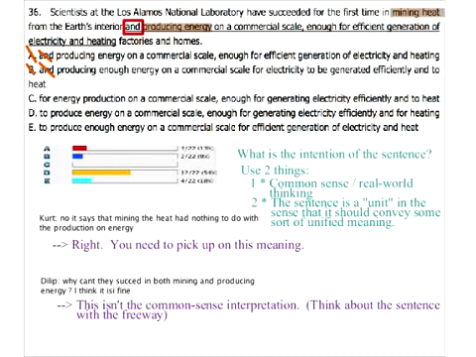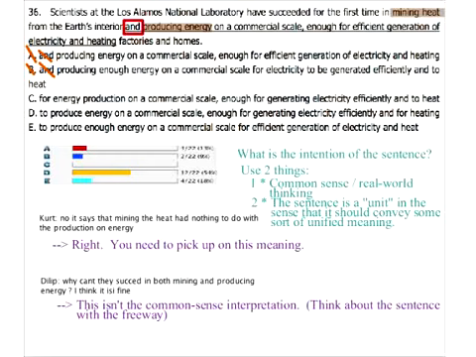So that's it for this theme. I also want to note that you can actually solve this entire problem by the use of parallelism. So let's just quickly touch on that. Because generating electricity and heating factories are parallel ideas.